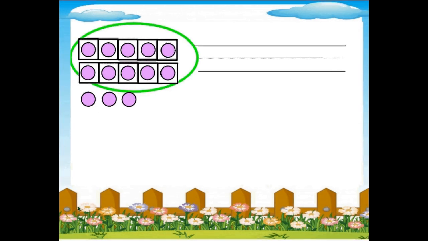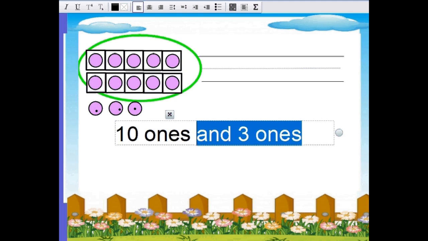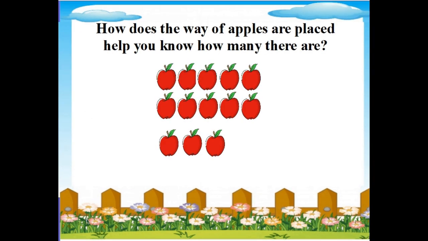I can put 10 counters in the 10 frame to model 10 ones. And 3 counters below, 1, 2, 3 counters below to model 3 ones. Look at this exercise.